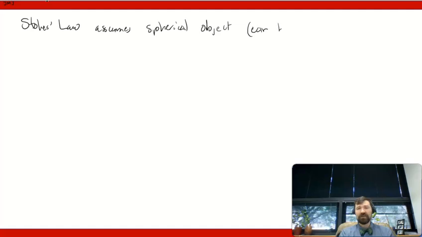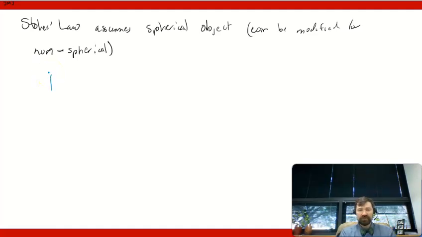So we could say it can be modified for non-spherical objects. For example, if you have a boulder that's not actually sphere shaped, then you maybe would modify the Stokes Law to account for how much drag the water is putting on the boulder.